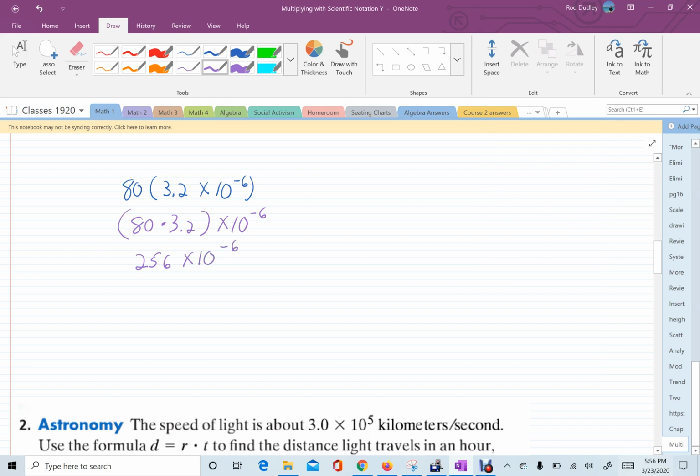Well, 256 is 2.56 times 10 to the second power, right? Moving our decimal 2 places. And then times 10 to the negative 6th. So our final answer here in scientific notation would be 2.56 times 10 to the negative 4th power.